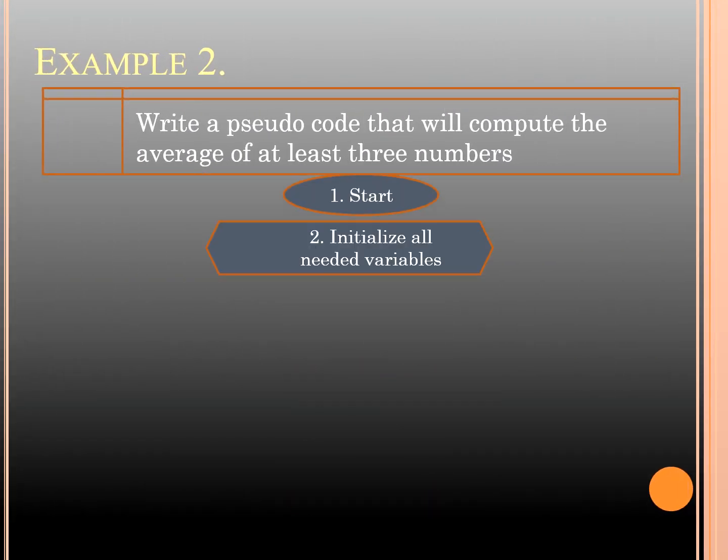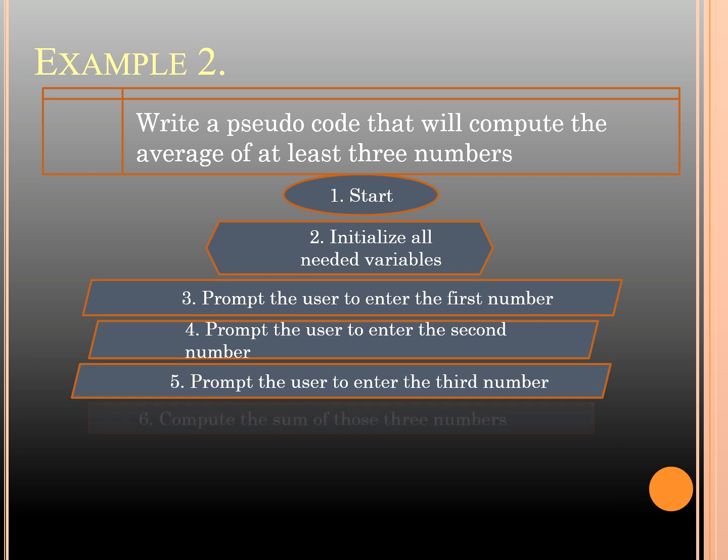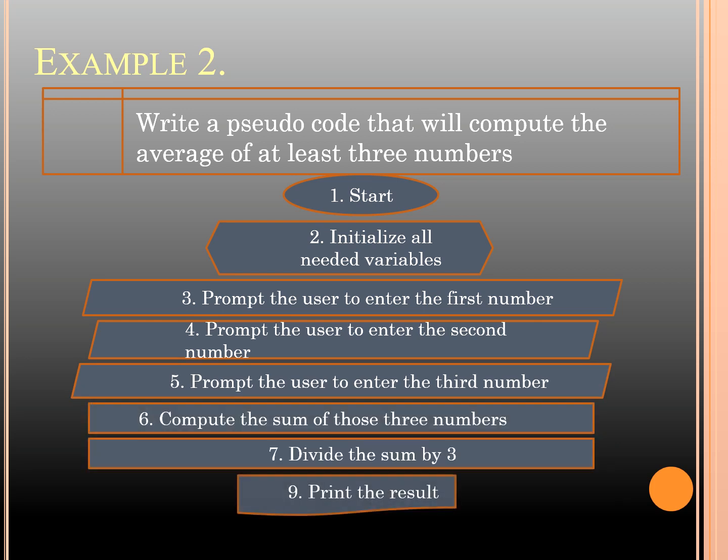So we have another example. Write the pseudocode that will compute the average of at least three numbers. So as said earlier, first thing to do is start, then initialize all the needed variables.